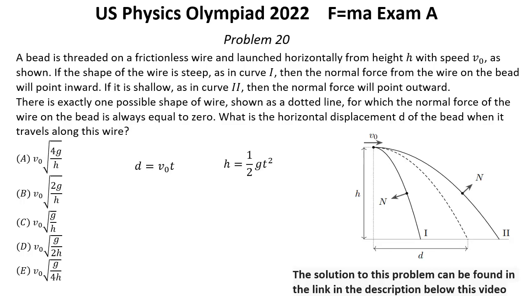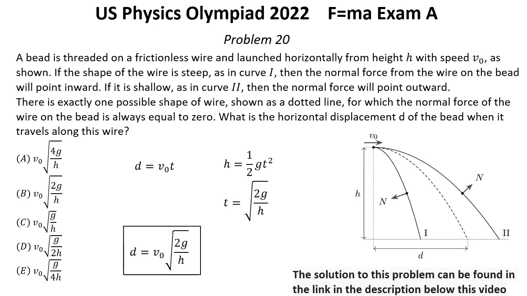That's h equal to 1/2 g t squared. From here we can find that time t equals the square root of 2h over g, and finally distance d equals v0 multiplied by the square root of 2h over g, which is answer B, and that was the solution for problem number 20.